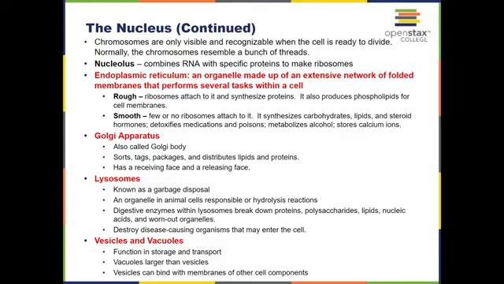So the rough ER can synthesize proteins because of the presence of ribosomes on its surface. It can also make something like a phospholipid, so that's going to be kind of a modification of a lipid by adding a phosphate group, and that can then get added to the cell membrane.